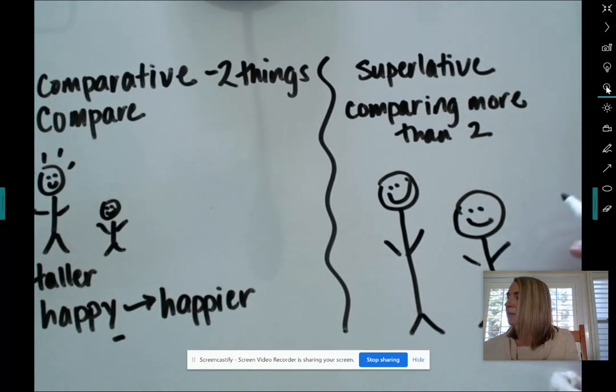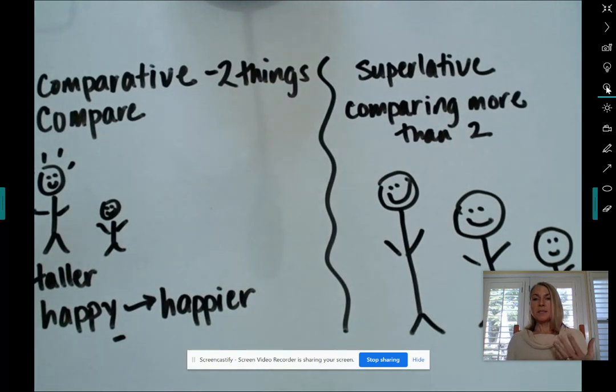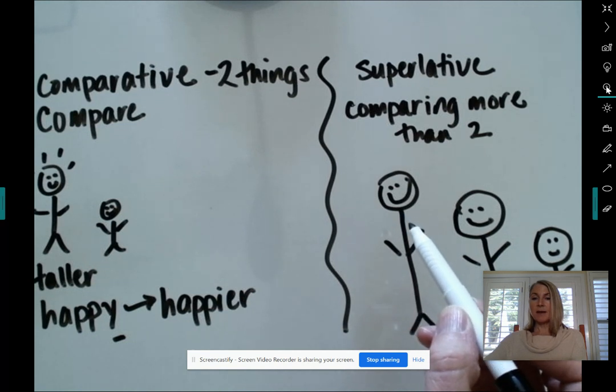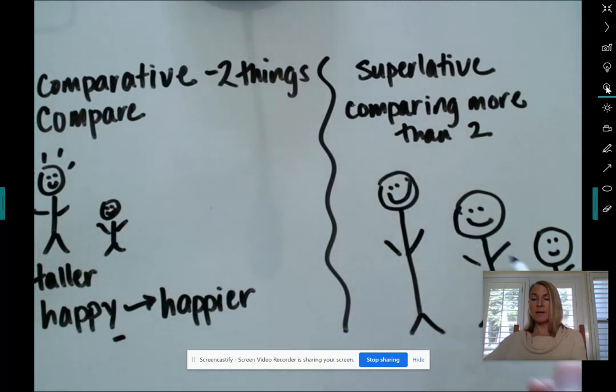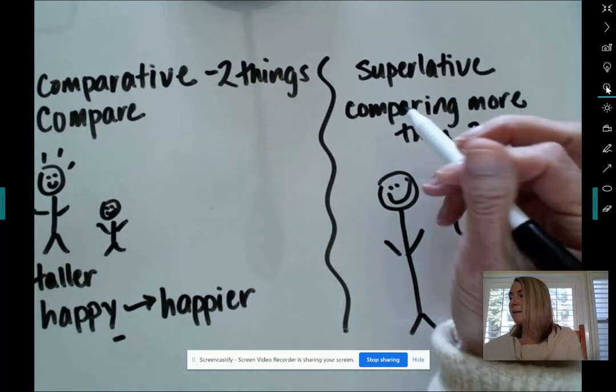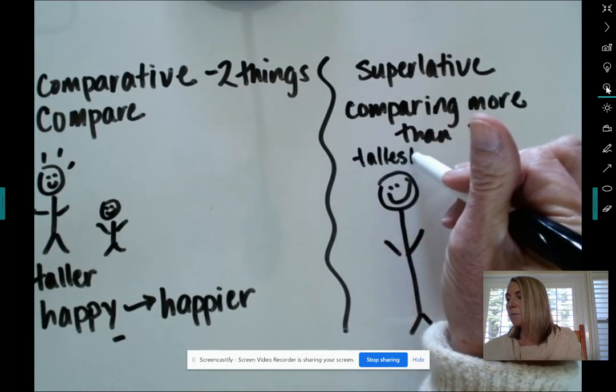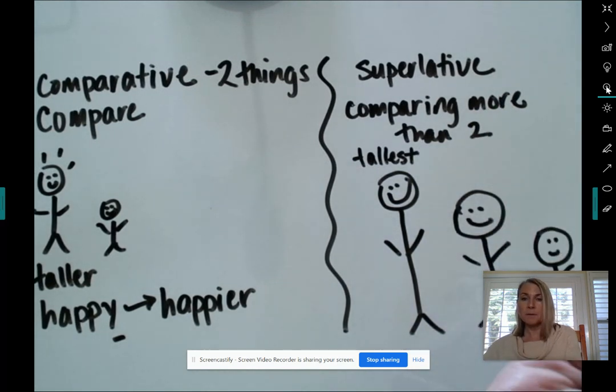And then if we had a third person who was just kind of happy and not very tall, if we wanted to do some comparison here, right, we would think, okay, this person is the what in terms of height? They are the tallest, right? They are the tallest.